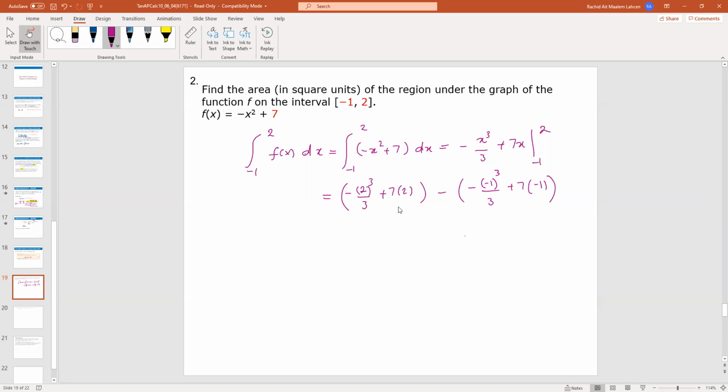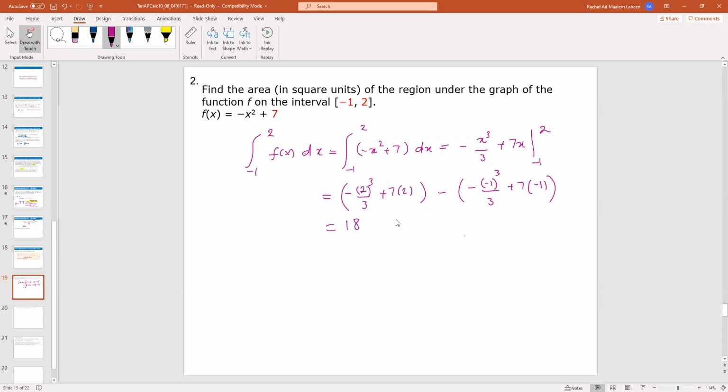And then you're going to figure out these numbers. Right, so we should get 18.